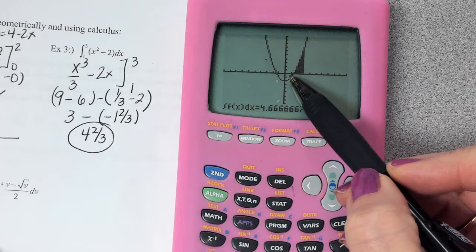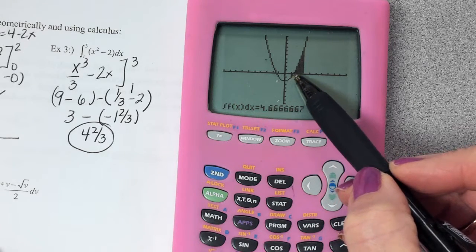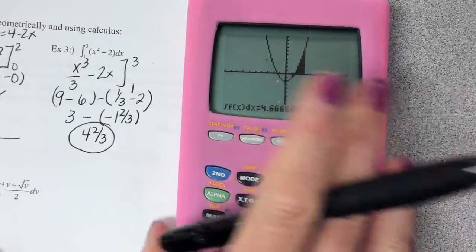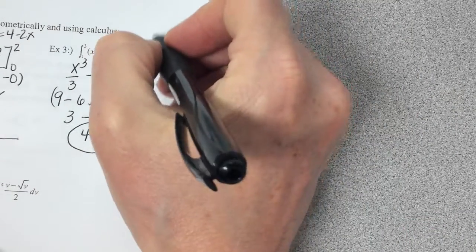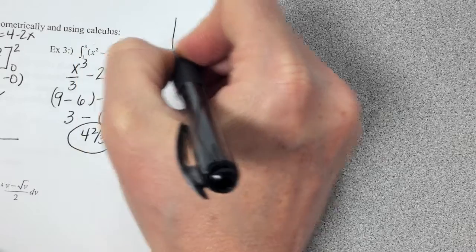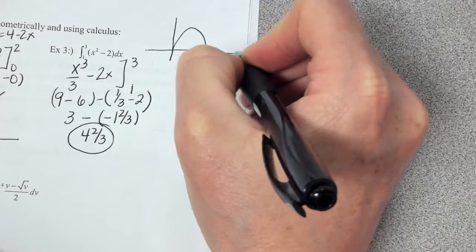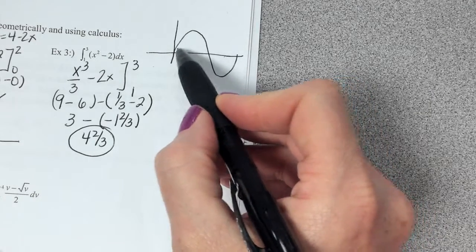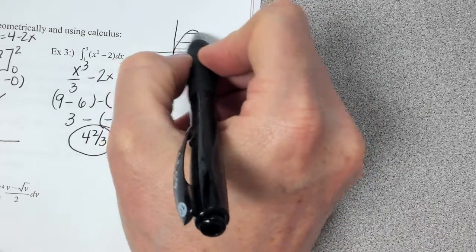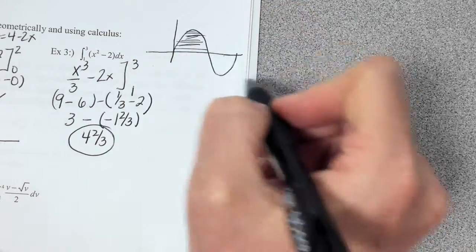Now, something I want to point out, right here, this area right here, that little tiny area, that's actually a negative area. In calculus, here's the way it works. Let's say I have some function. Maybe the function looks like this. This is called a positive area because it's above the x-axis.